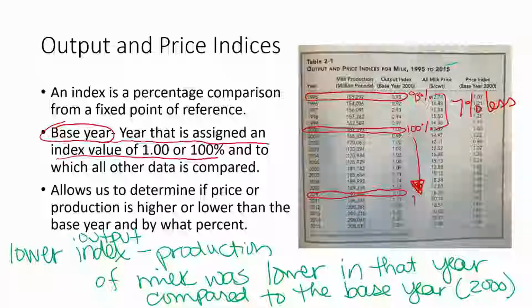So 1.15 can be translated into 115%. From 2000 to 2010, we are producing 15% more pounds of milk. Okay, how did we get that number? I still haven't told you that yet.